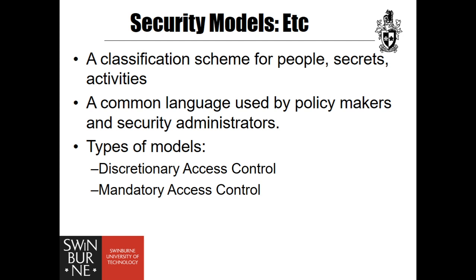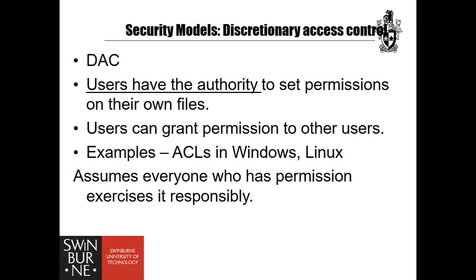Here we have two types of model. The first one is the discretionary access model, or simply DAC. The last one is mandatory access control, which we can simply call MAC. DAC stands for discretionary access control.